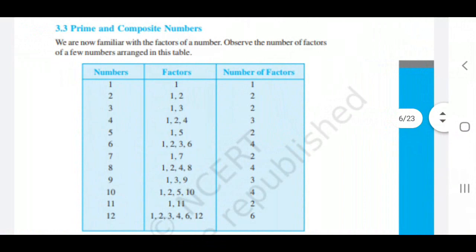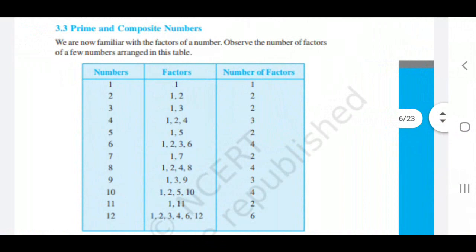How many factors are there? 1, 2, 5, 10. 4 factors are there. So it is a composite number. 11, 1 into 11. 2 factors only. So it is a prime number. But in the case of 12, there are 6 factors. So it is a composite number.